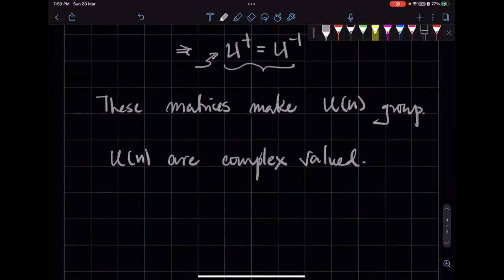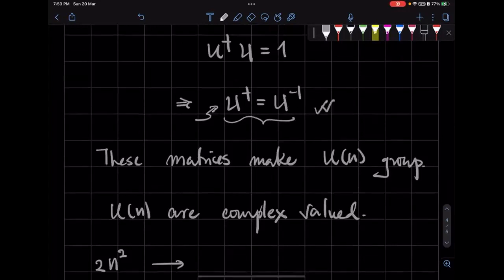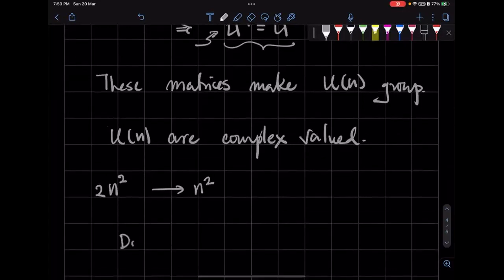So the number of parameters goes from 2n squared real parameters, and this condition cuts it down to n squared. So the dimension of the UN group is n squared.